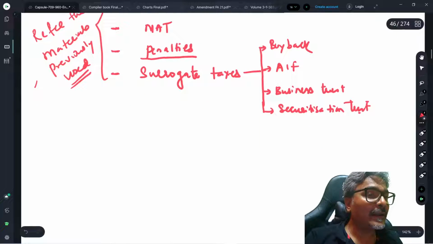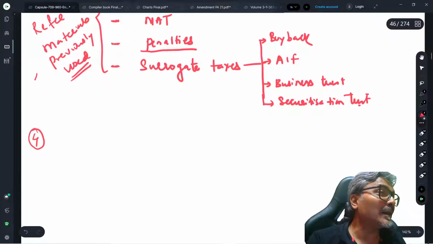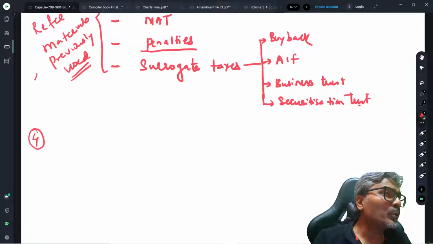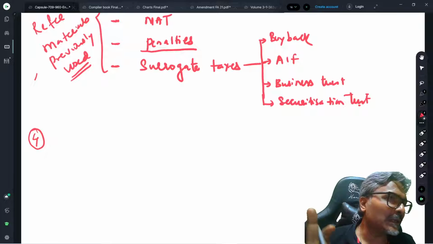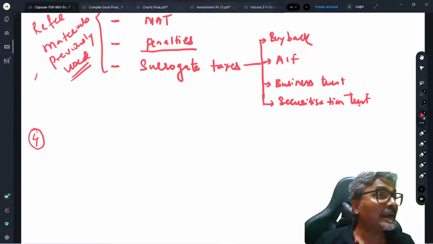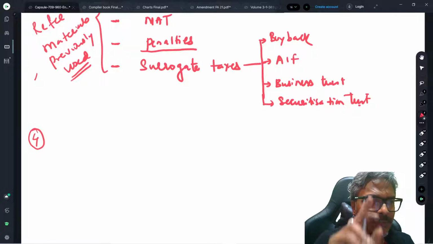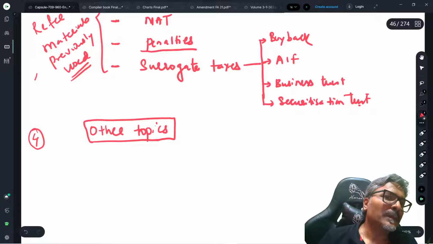Okay. And now coming to the last category, students, which is the heads of income and the other particular areas. How do we attend to those areas, students? You have to do it smartly, because otherwise it becomes a killer situation. Other topics, I'll just bifurcate for all of you.